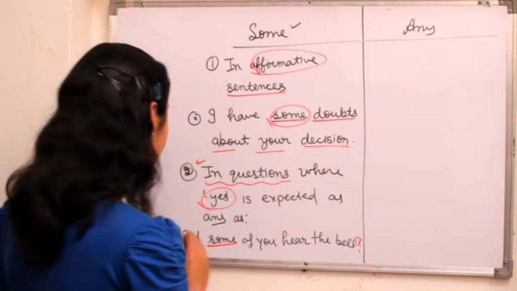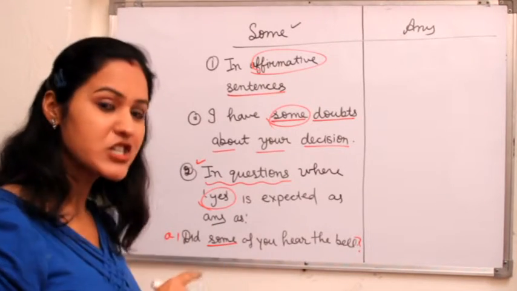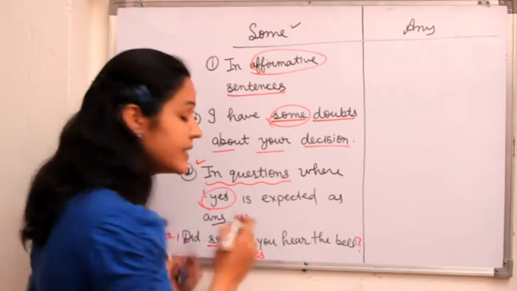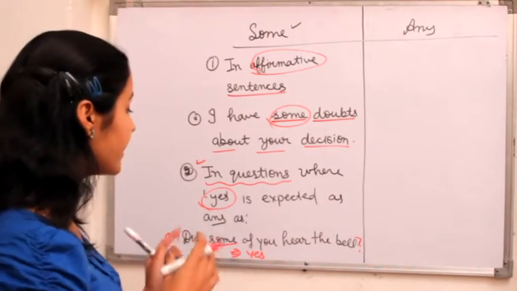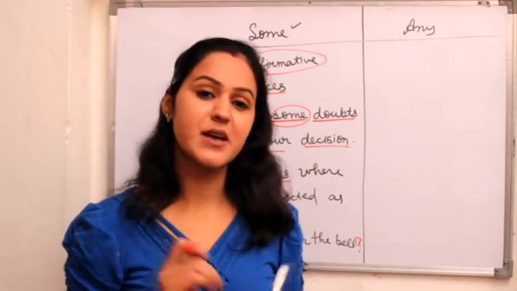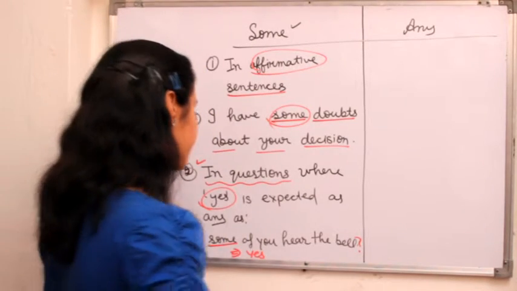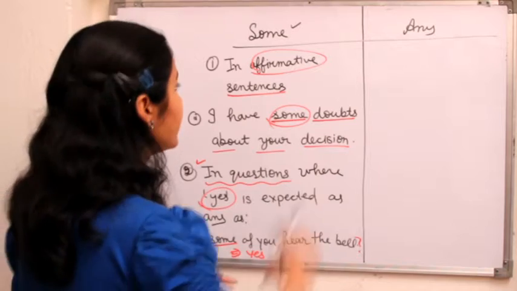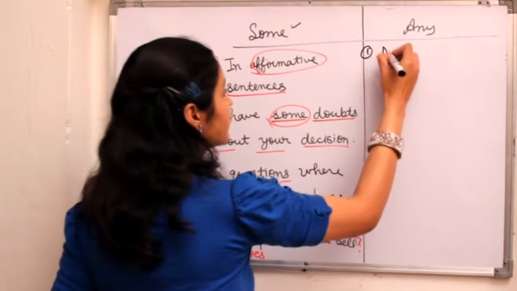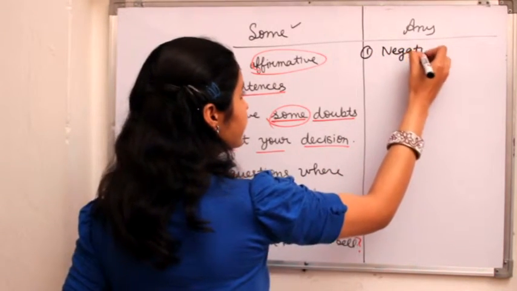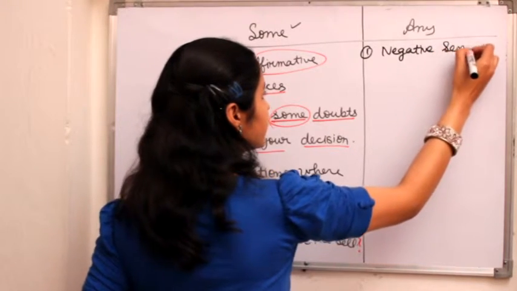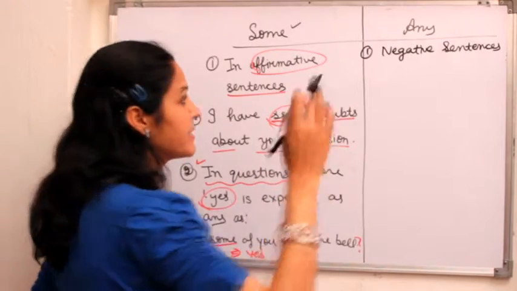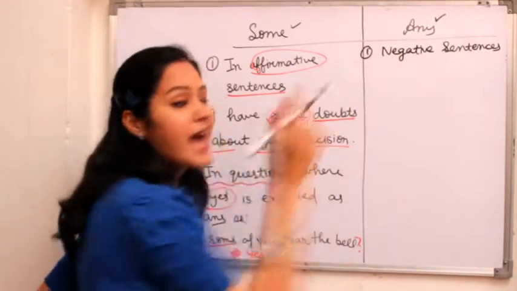This is a question and its answer may be yes. So here you can use some. And any, you can use any in negative sentences.